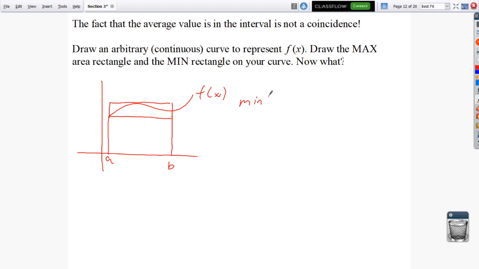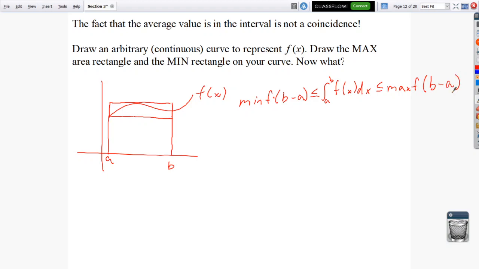We said min f times b minus a is going to be less than or equal to the integral from a to b of f of x dx, less than or equal to max f times b minus a.